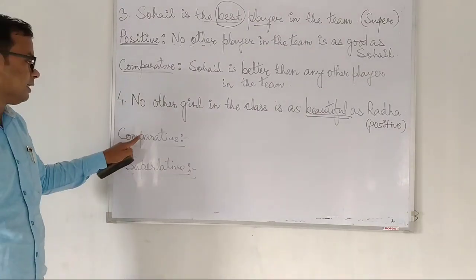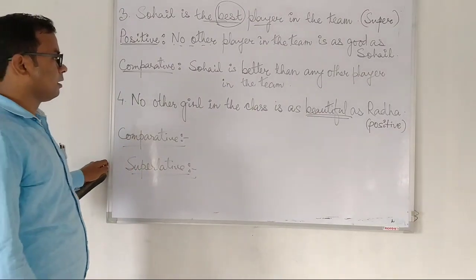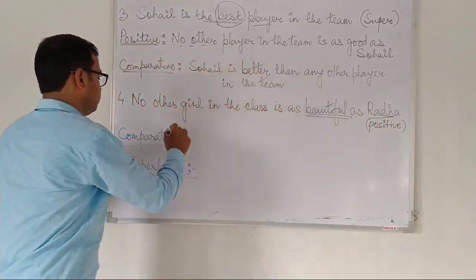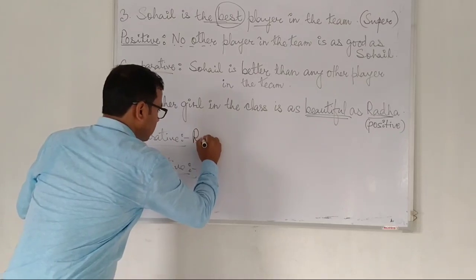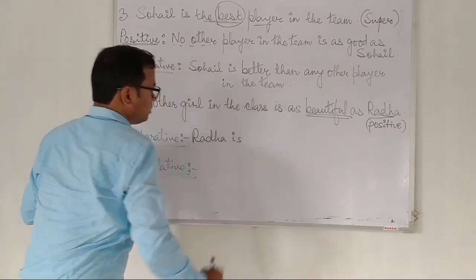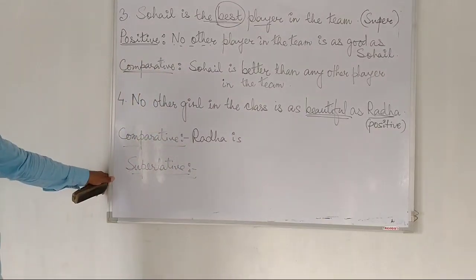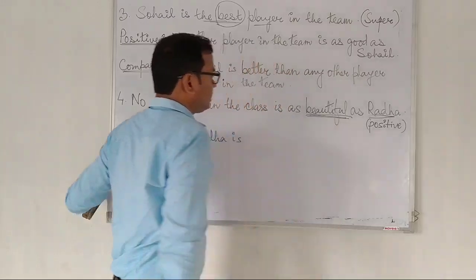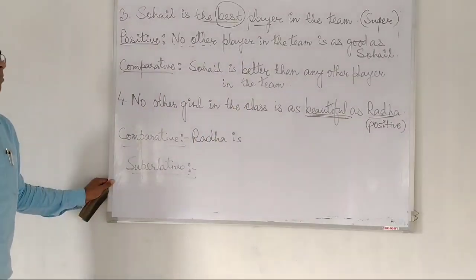Now we will convert this sentence into comparative degree. Let us take the subject Radha. Radha is, now we are making it comparative. What will be the comparative form of beautiful? It is more beautiful.